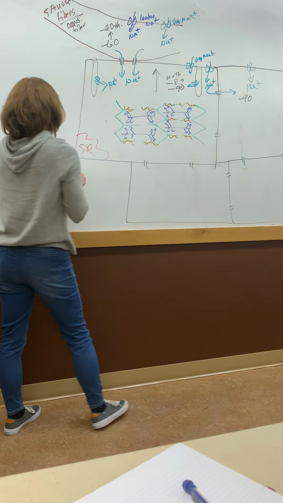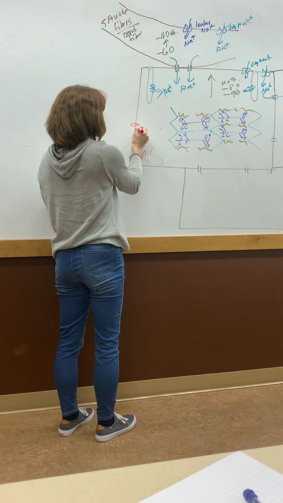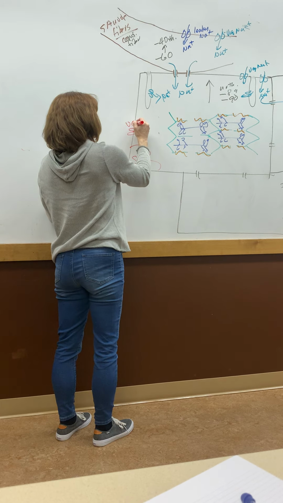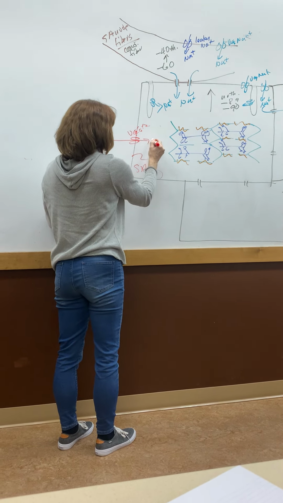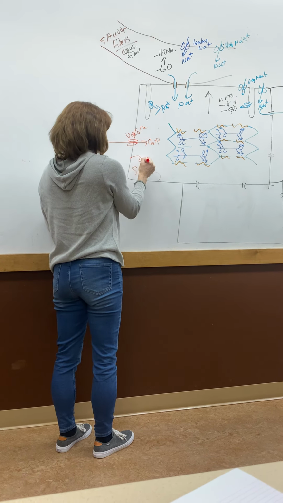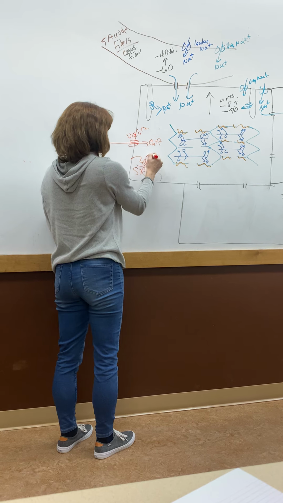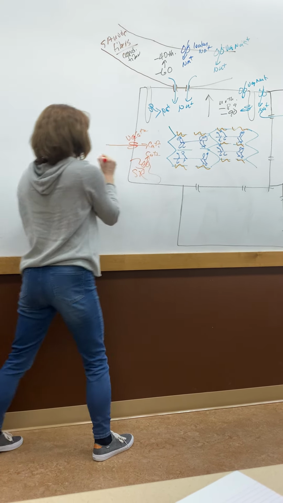That rapid depolarization is going to open up another channel on the cell membrane, which is a voltage gated calcium channel. Calcium's going to enter the cell, and what's that going to do? It's going to allow for the release of our calcium from the sarcoplasmic reticulum. What's that known as?